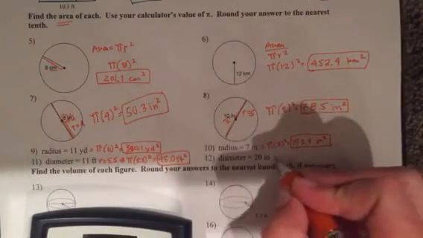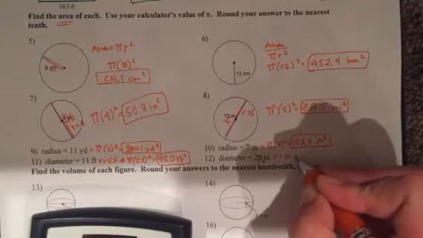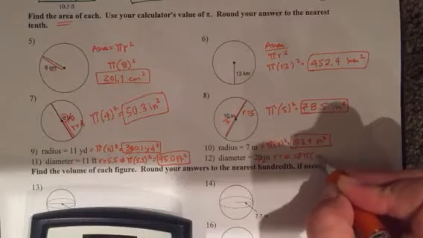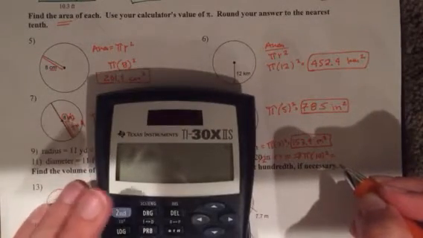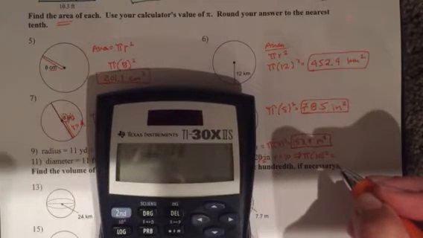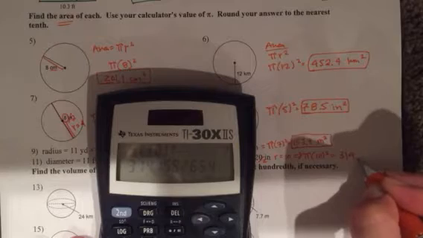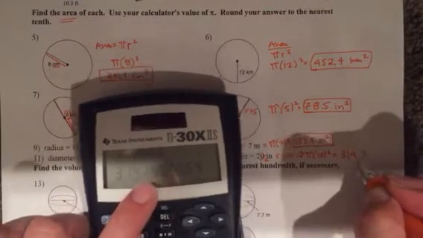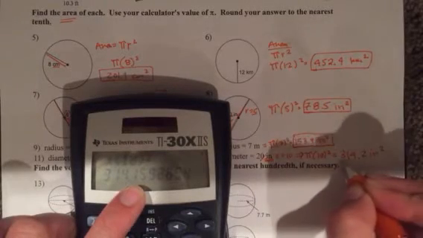I don't want the diameter, I need the radius. Half of 20 is 10. I plug it into the area, which is pi r squared. Pi times 10 squared equals 314 rounds up to a 2 inches squared.